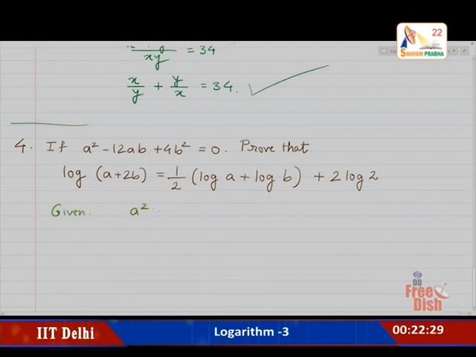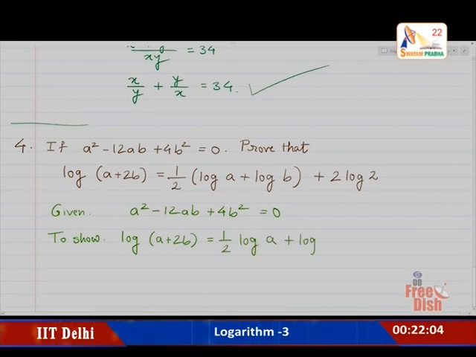You are given that a square minus 12ab plus 4b square is equal to 0, and you want to show that log of (a plus 2b) is equal to half times log of a plus log of b plus 2 log 2.